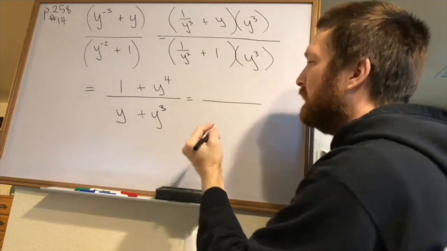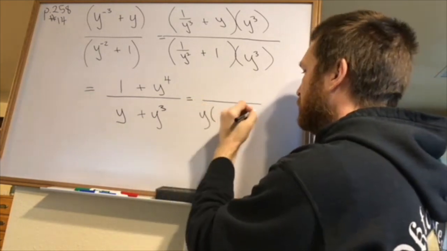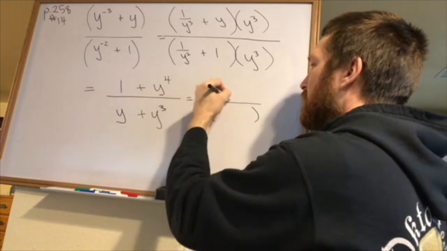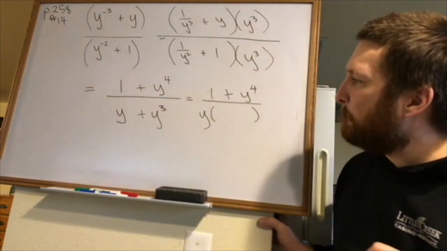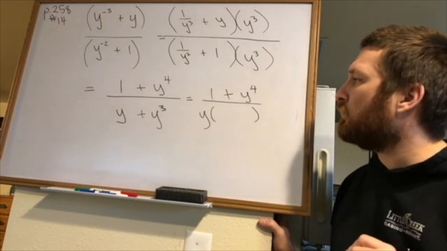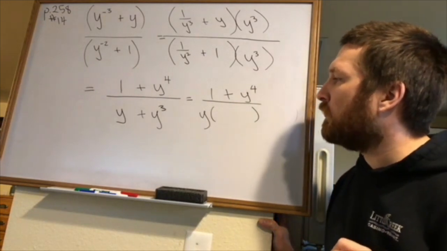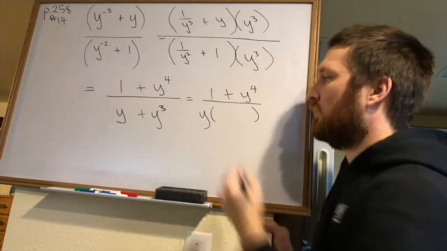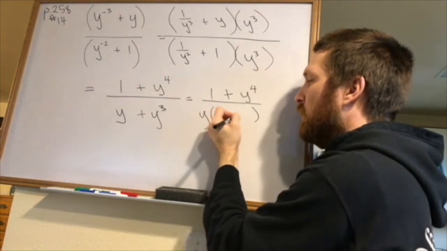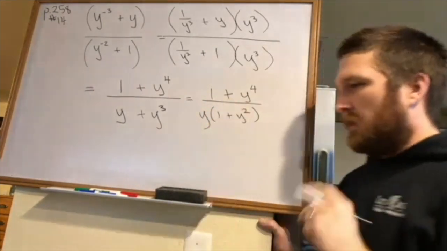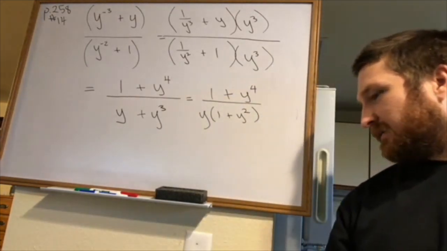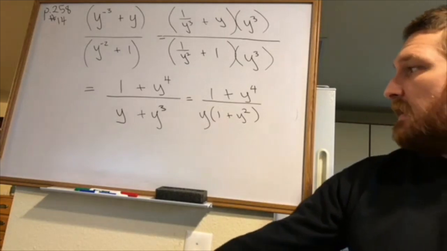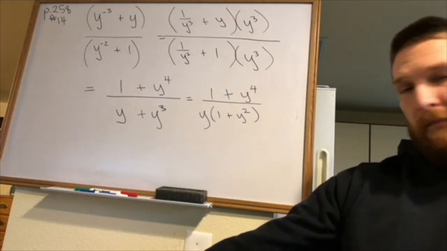What am I left with? Y, and then 1 plus y squared. Oh, it's a sum of squares! Good job, Peter. Now, are we done?